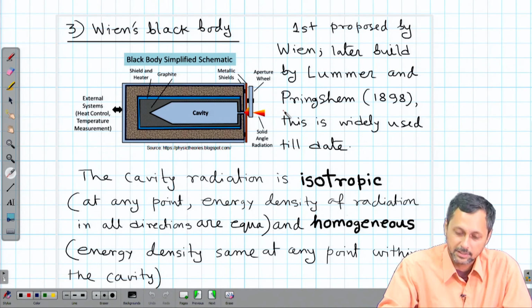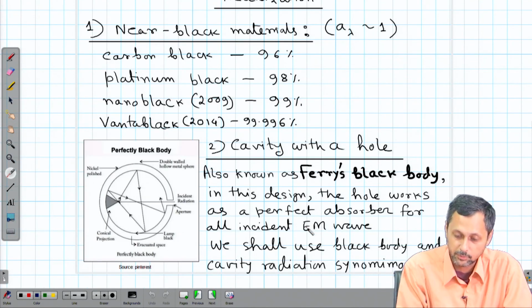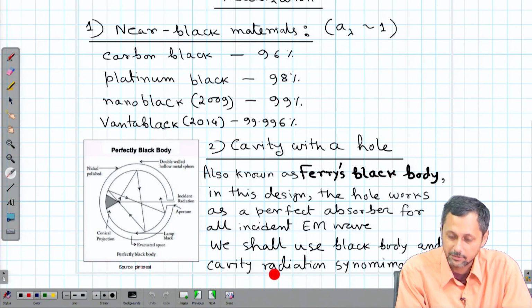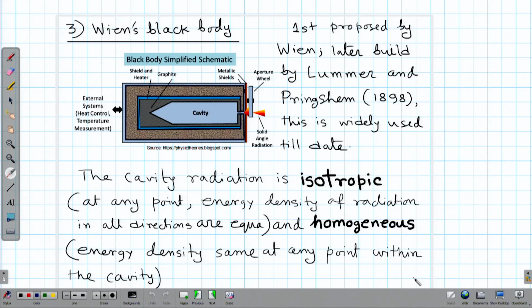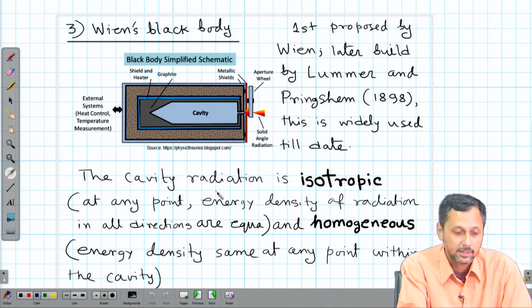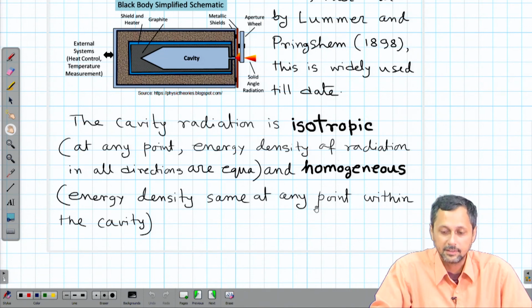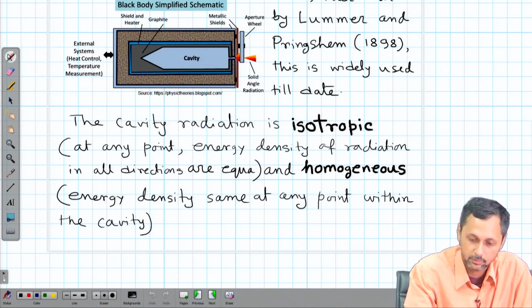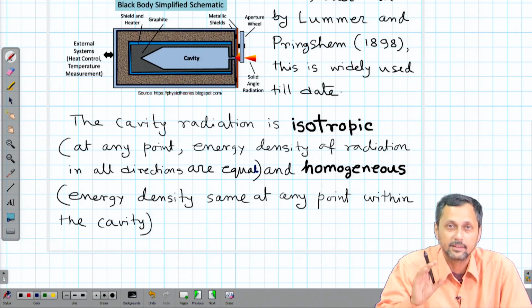For the rest of this discussion, we will be using black body and cavity radiation synonymously. This cavity radiation is isotropic, that means at any point the energy density of radiation in all directions is equal, and homogeneous, as the energy density is the same at any point within the cavity.